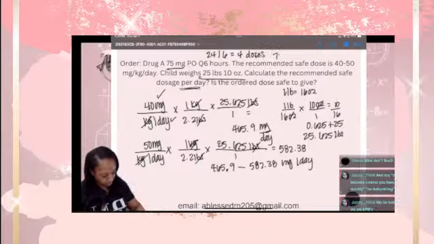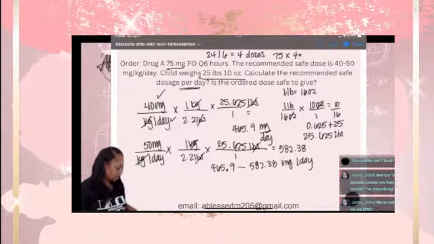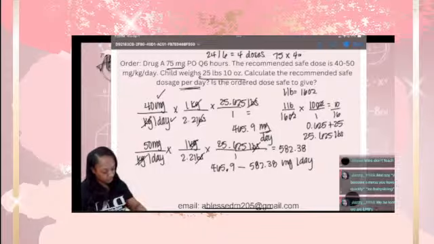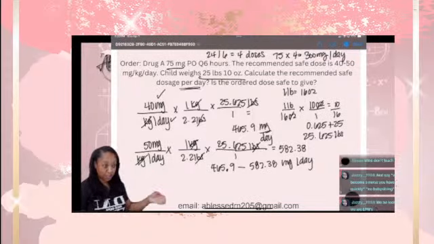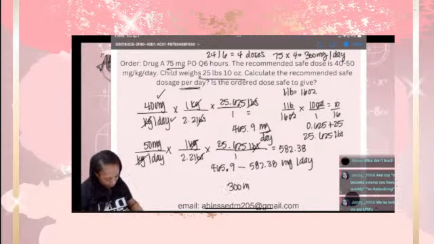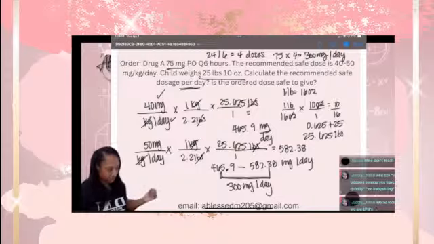So if we do 75 times 4, that's going to give us 300 milligrams in the entire day, okay? Because you got 75 milligrams in 1 dose, and you give all 4 doses in that day, it's 300. So 300 milligrams has been ordered per day. This is the safe zone according to the safe dose range. Is this a safe dose?